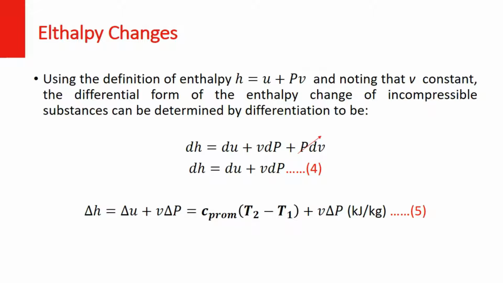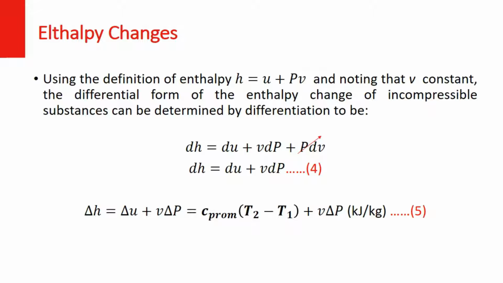Enthalpy changes. Using the definition of enthalpy, enthalpy is equal to the internal energy plus the pressure times volume, and noting that the volume is constant, the differential form of the enthalpy change of an incompressible substance can be determined by differentiation.